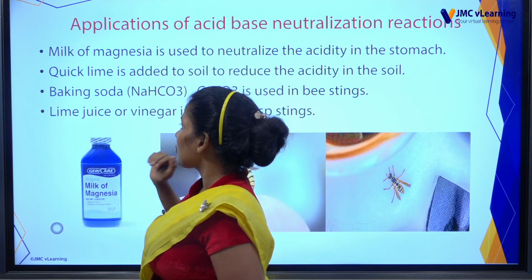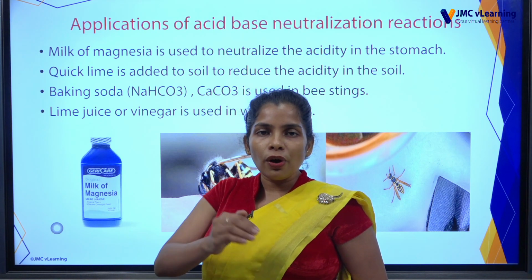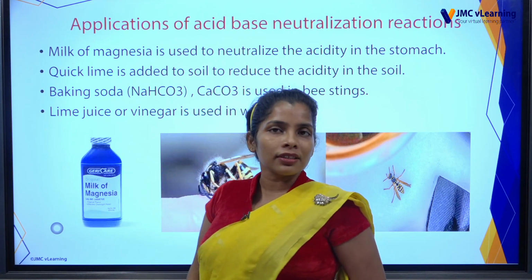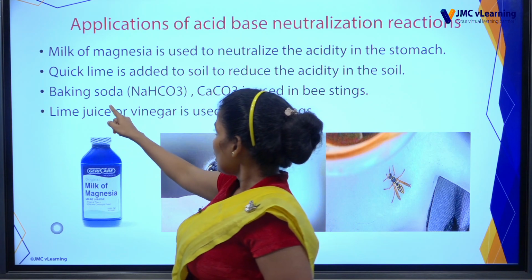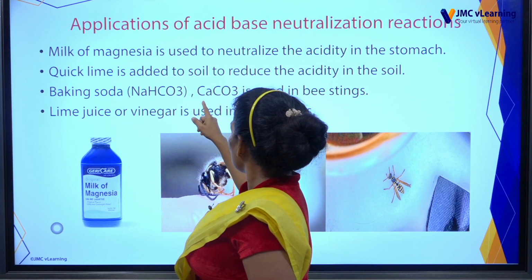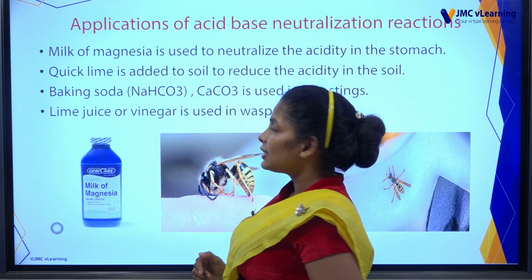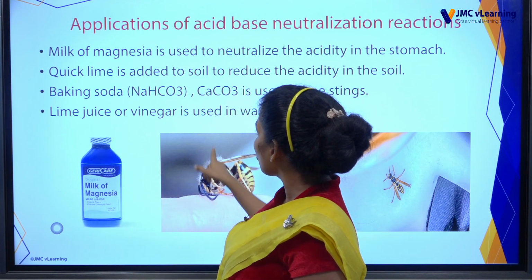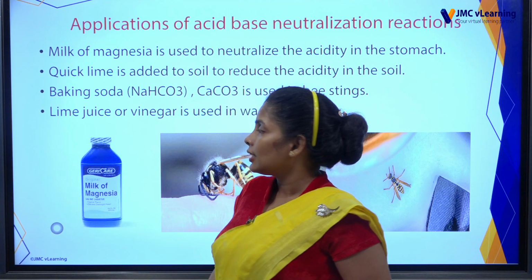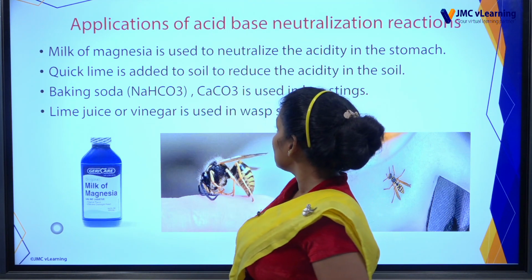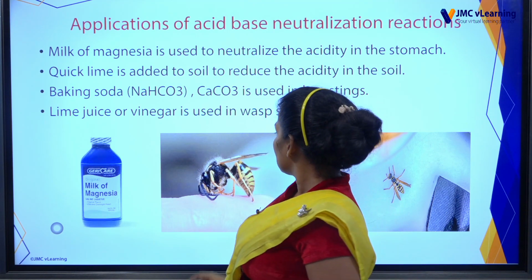The third one is baking soda. In your home also you use baking soda. Baking soda and calcium carbonate are used for bee stings. When you have bee stings, you can use what? Sodium bicarbonate and calcium carbonate. Right?